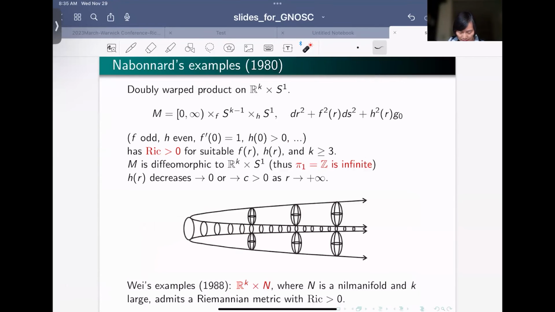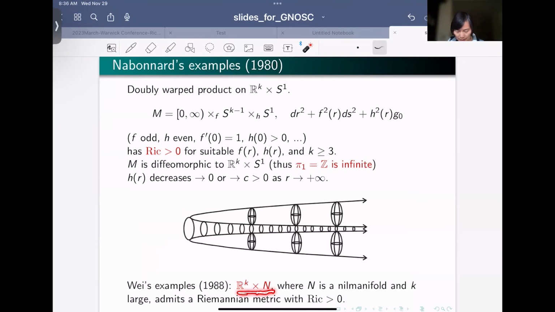And later on in my thesis, I extended this construction instead of S1. Actually, I should say Bourguignon can replace the S1 by any manifold with non-negative Ricci curvature. So here I take, instead of that, a new manifold. The new manifold does not have a metric with non-negative Ricci curvature, right?